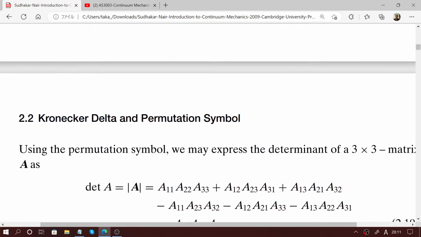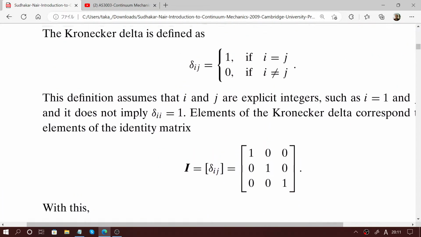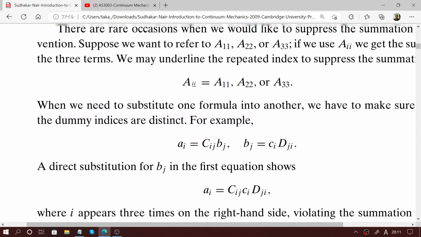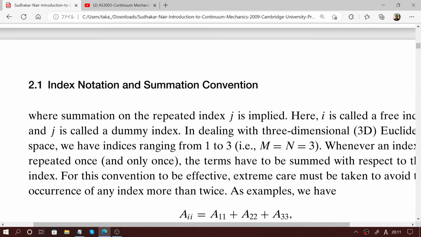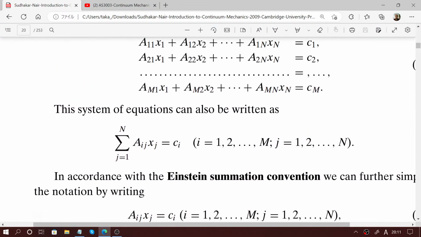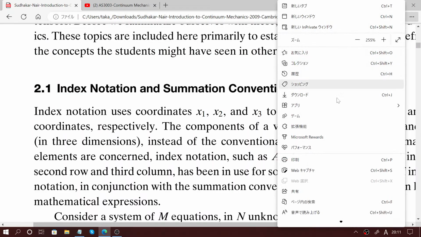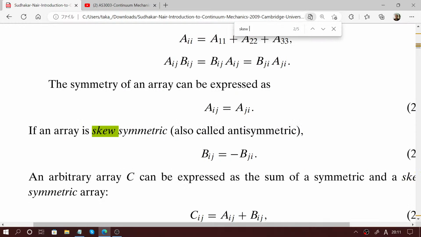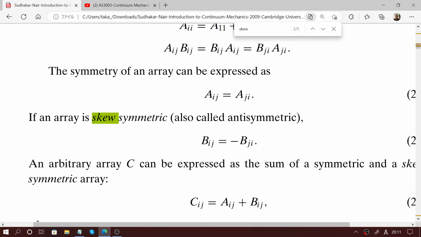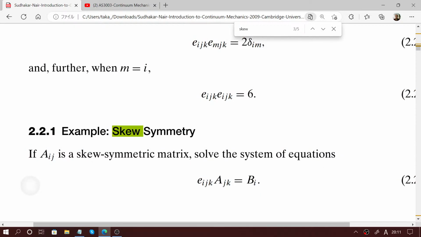The question is, what is a skew symmetric? Was there an explanation about skew symmetric? Let me see. Skew symmetric is also called anti-symmetric.